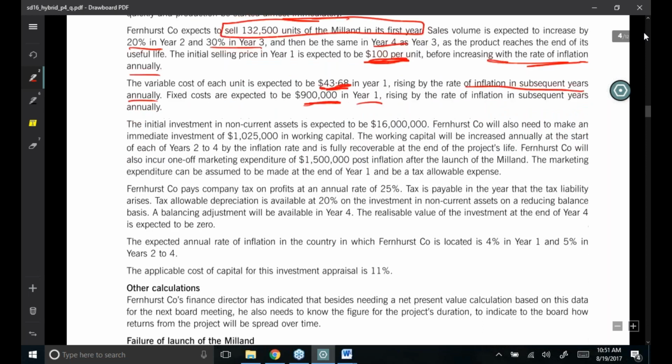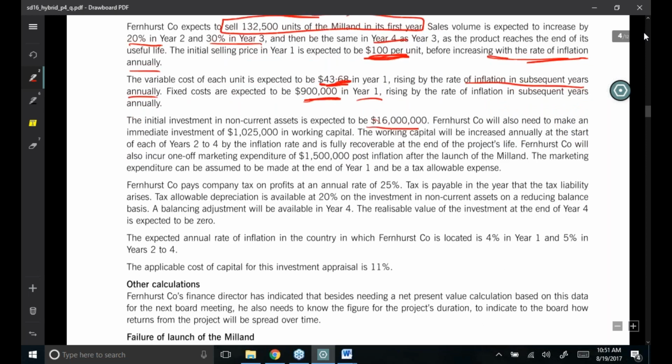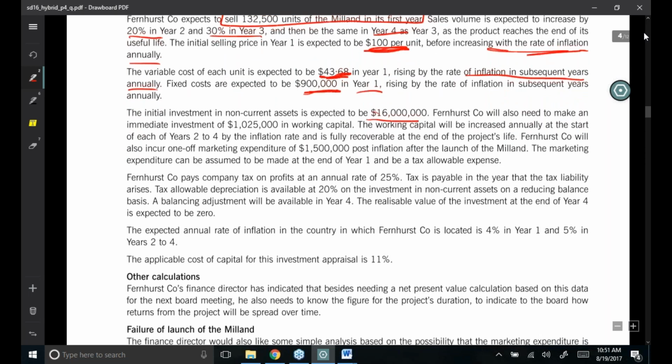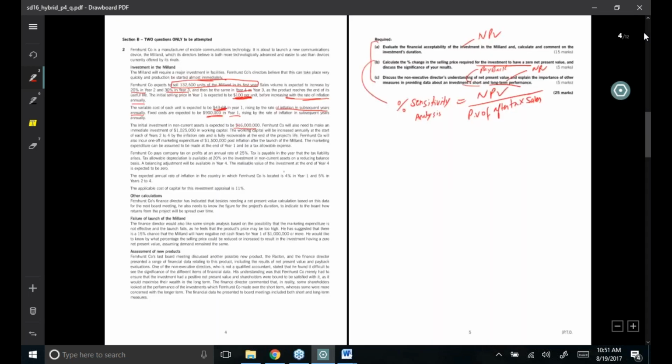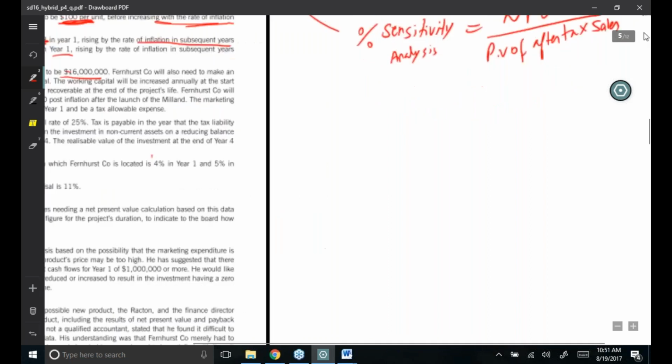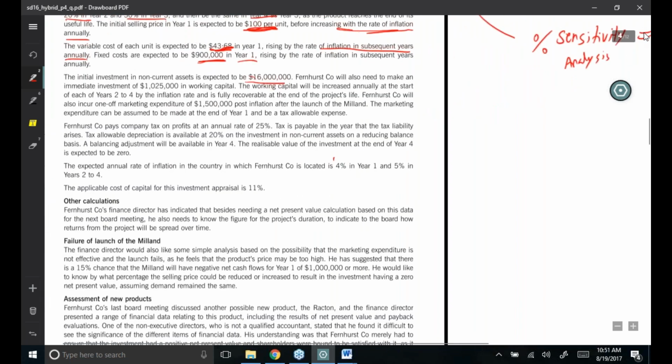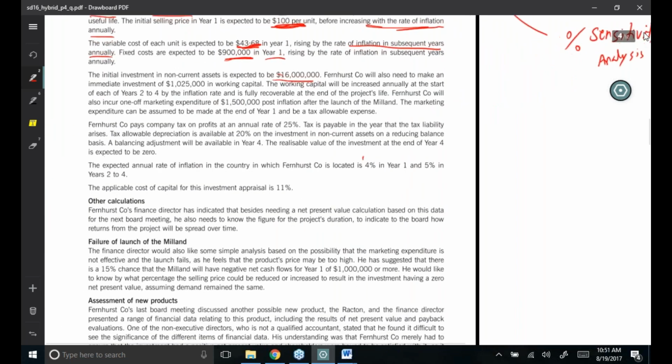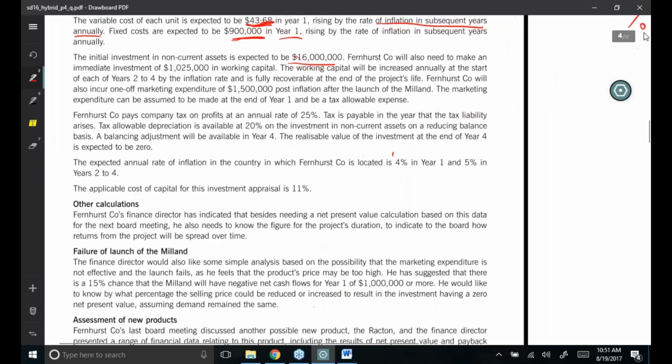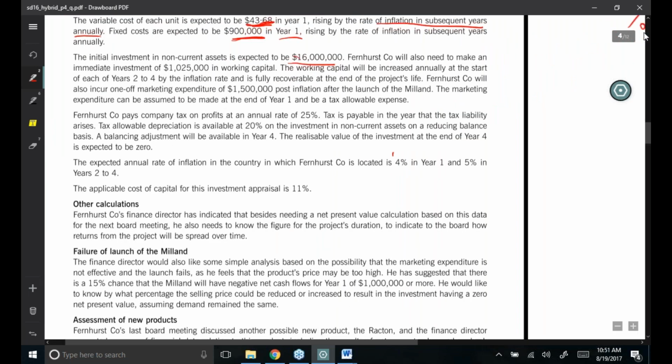Initial investment is 16 million. Immediate investment in working capital is 1.02 million. Okay, the company will need to make an immediate investment of this in working capital.